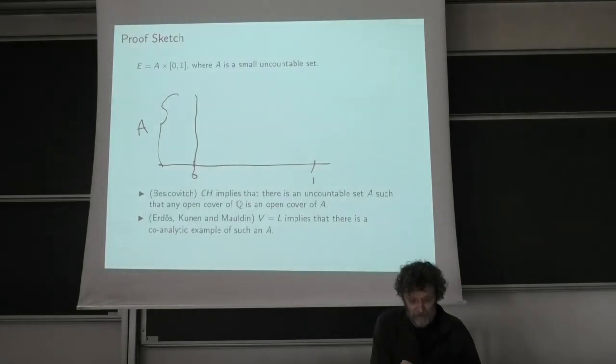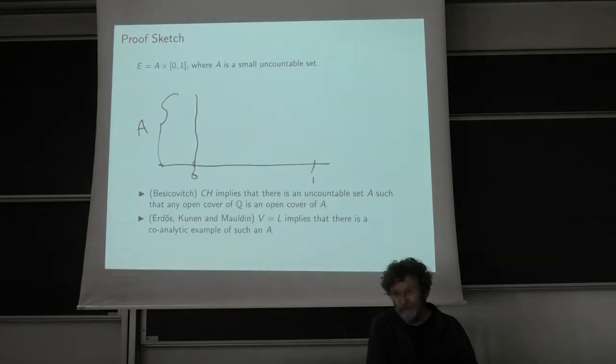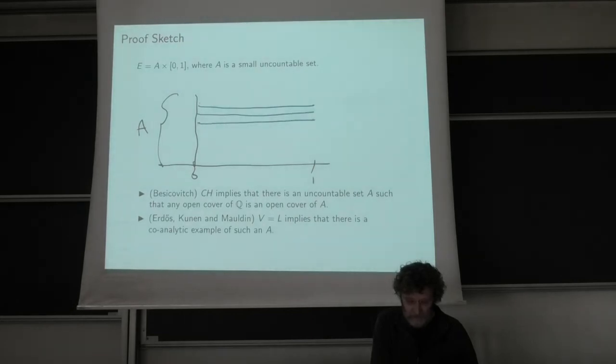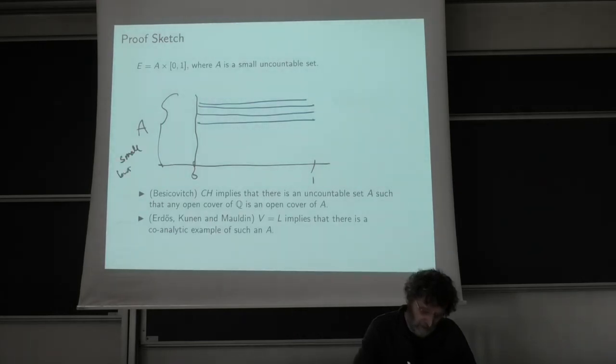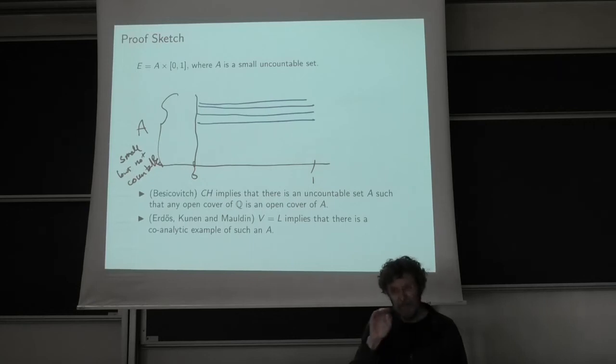For each element of A, take the horizontal line segment that goes from 0 to 1. A is small, but it's still got to be uncountable. So you take a set that's small but not countable, and you have an uncountable union of line segments.